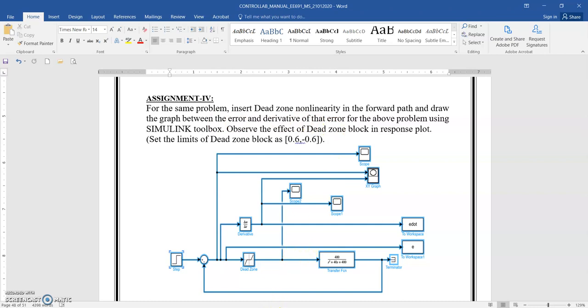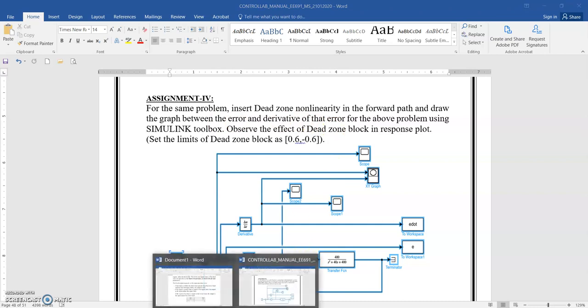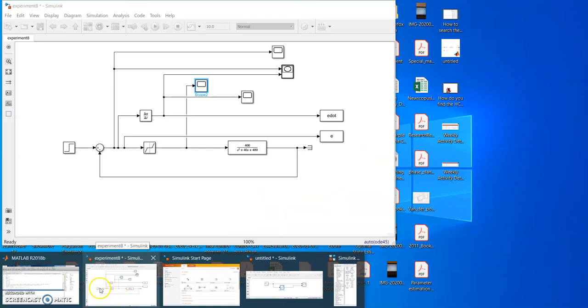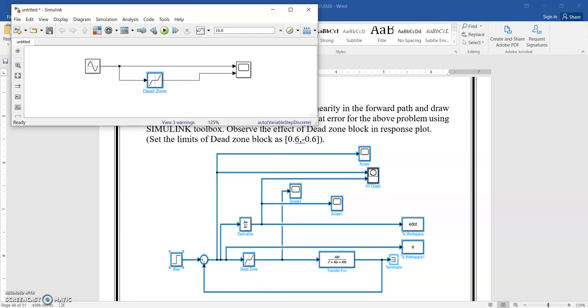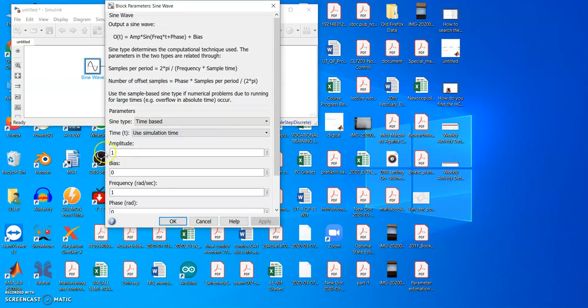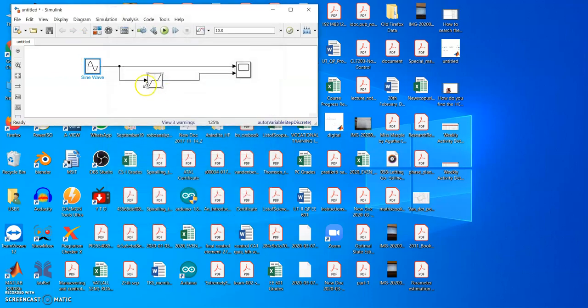So before we start to analyze what will happen if the Deadzone block is added in the system, initially we have taken a simple signal which is a sine wave. Double clicking on this, you can see the amplitude is 1.